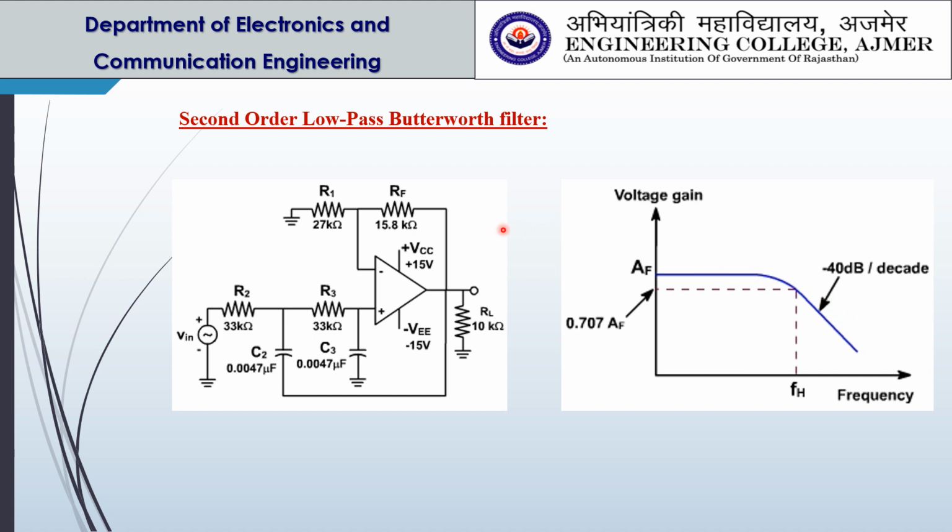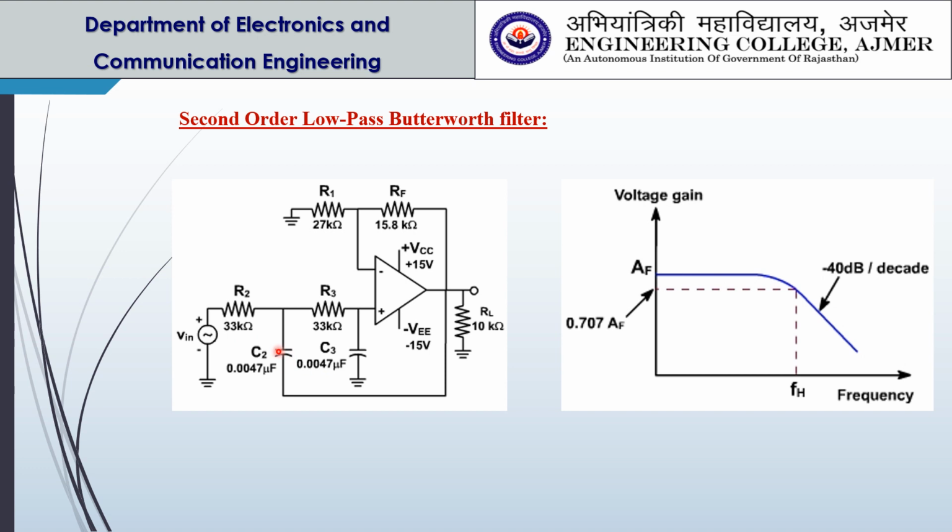So a stop band response having 40 dB per decade at the cutoff frequency is obtained with the second order low pass filter. A first order low pass filter can be converted into a second order low pass filter by connecting an additional RC network.